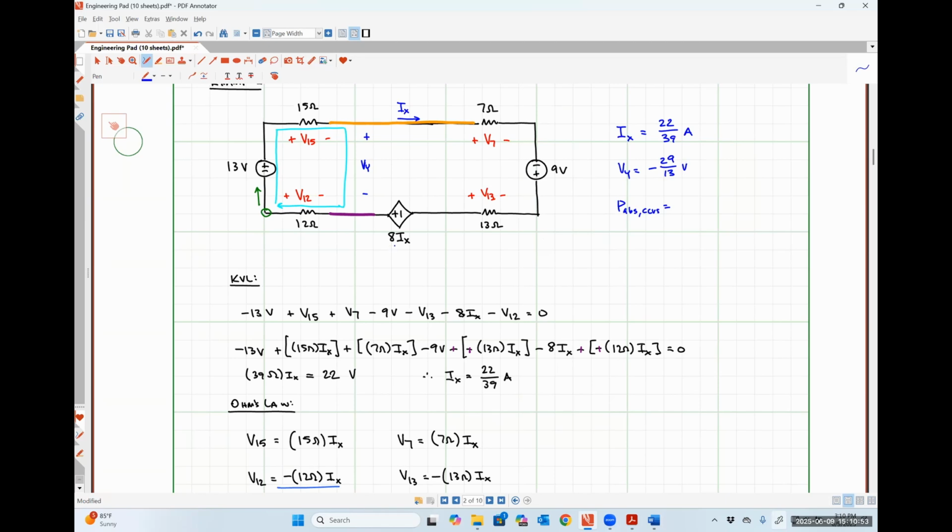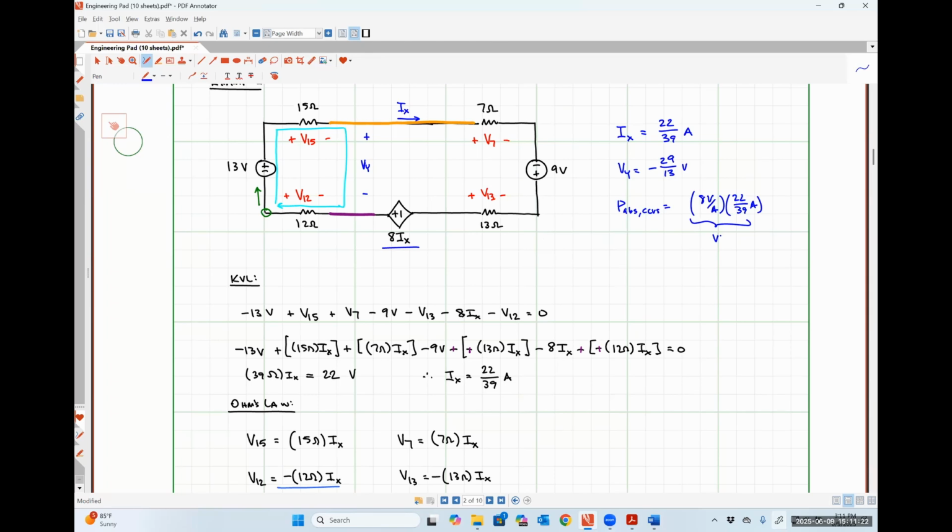Well, this is a current controlled voltage source, and I want the voltage drop across it. It's just 8ix. So our voltage would be 8 volts per amp times Ix, which is 22 over 39 amps. So that is our voltage. Okay, are you okay with that?